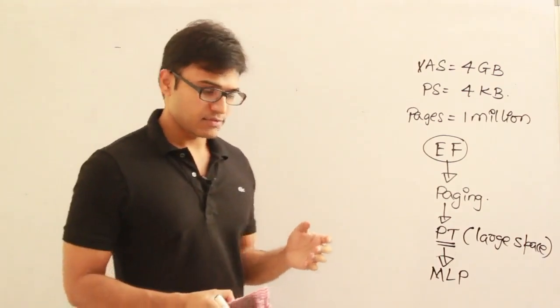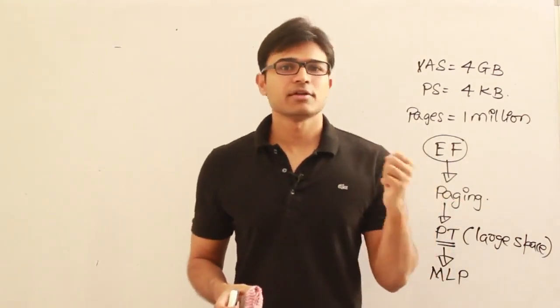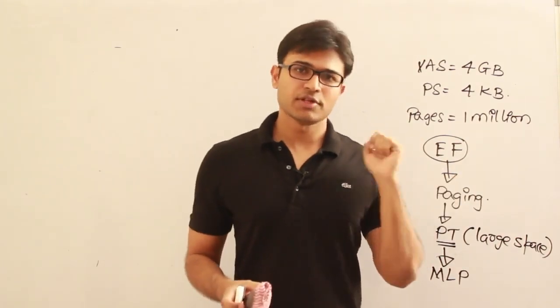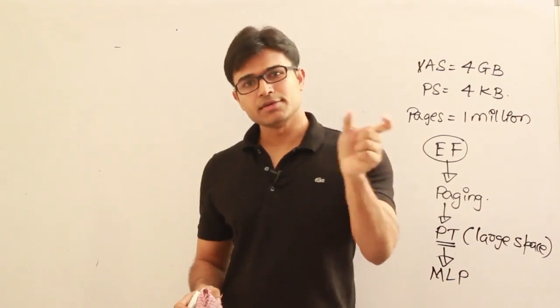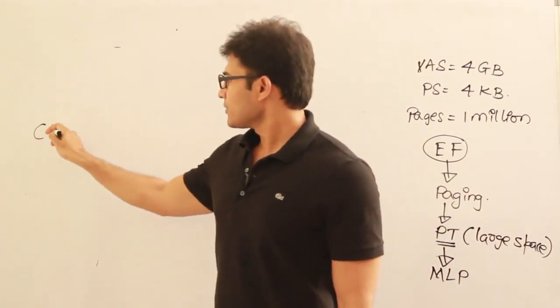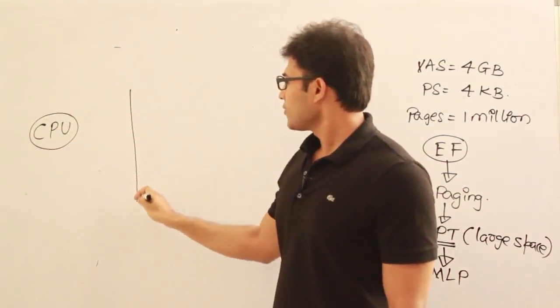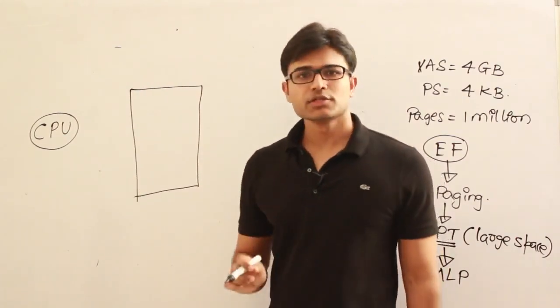Then the concept is, whenever you need any page, that particular page table entry will be referred, and whenever a page table entry is referred for the first time, we are going to load that entry inside our TLB. So like this, if we have the CPU, then I'll have the TLB. TLB is also called associative memory.